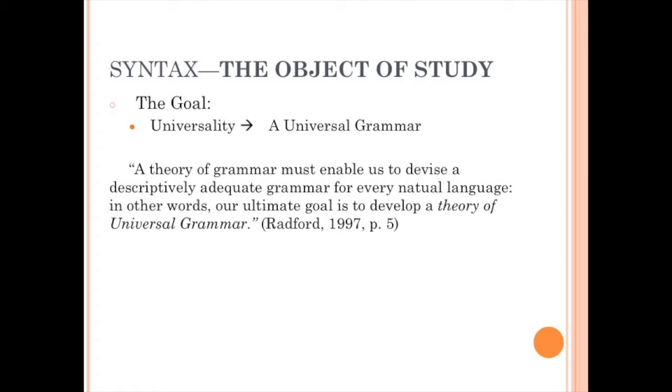Radford writes, "A theory of grammar must enable us to devise descriptively adequate grammar for every natural language. In other words, our ultimate goal is to develop a theory of universal grammar."